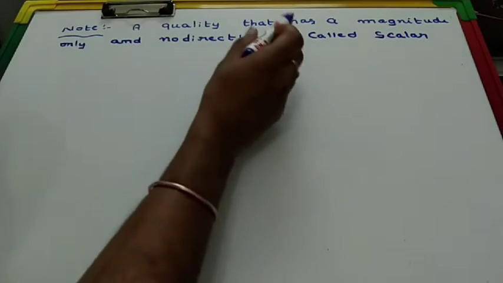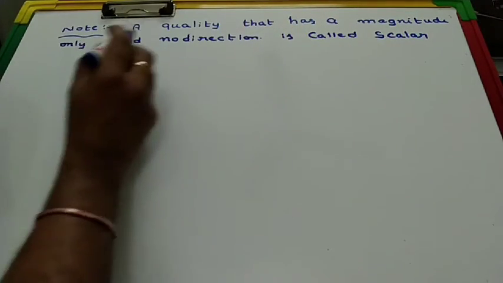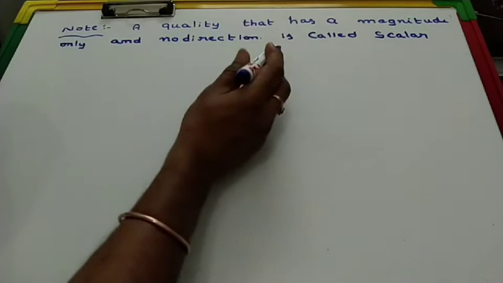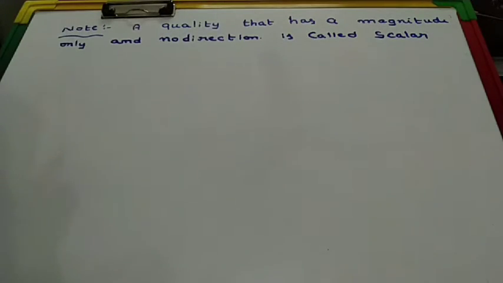A quantity that has only magnitude but no direction is called scalar.